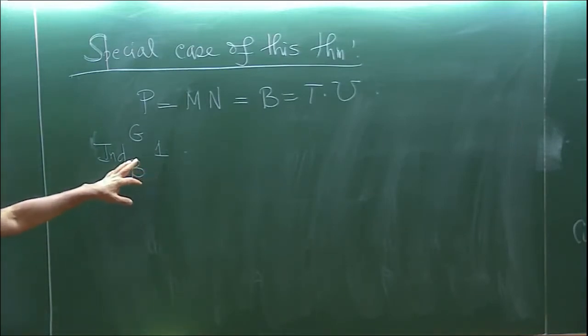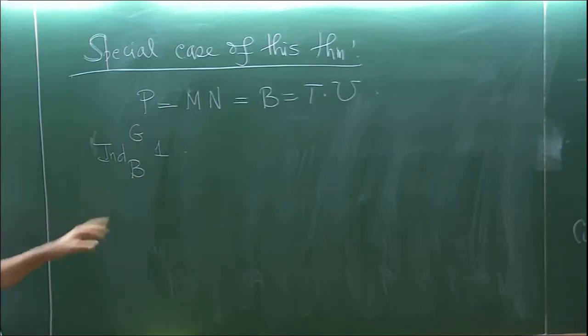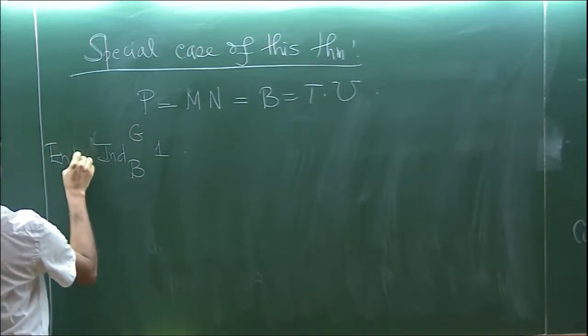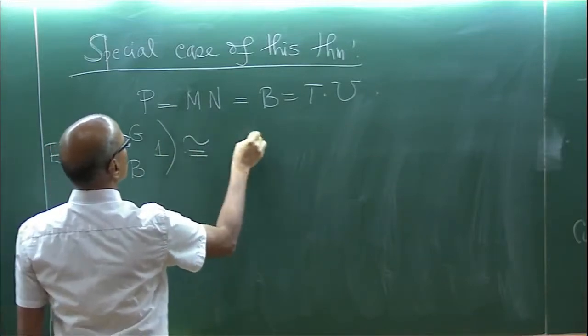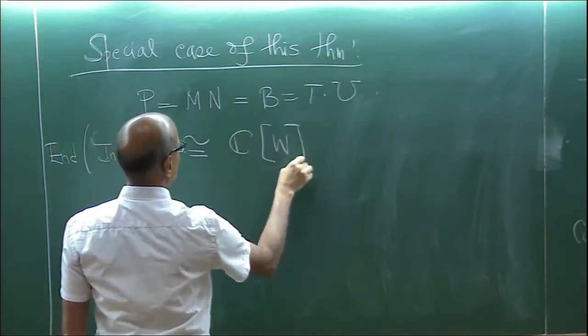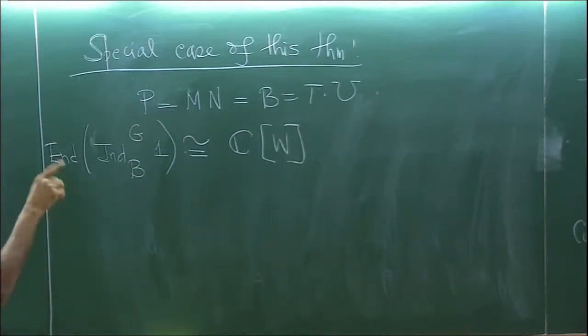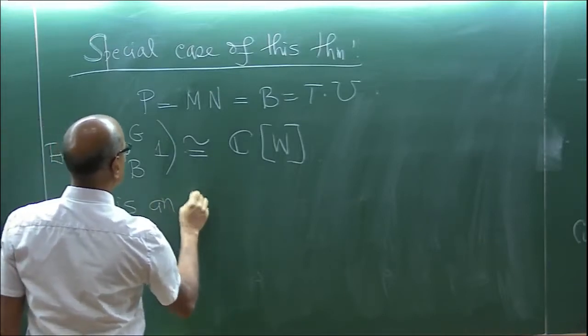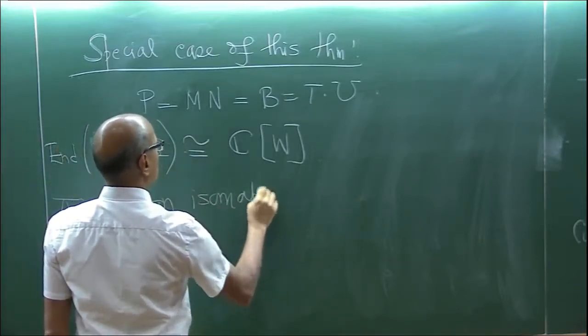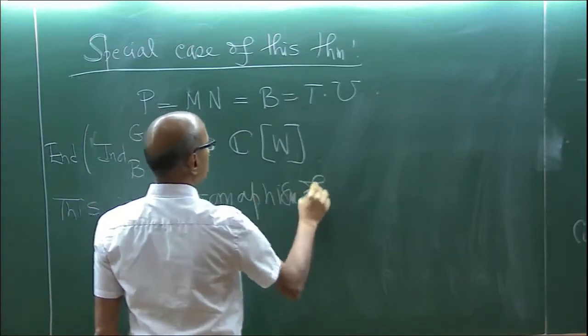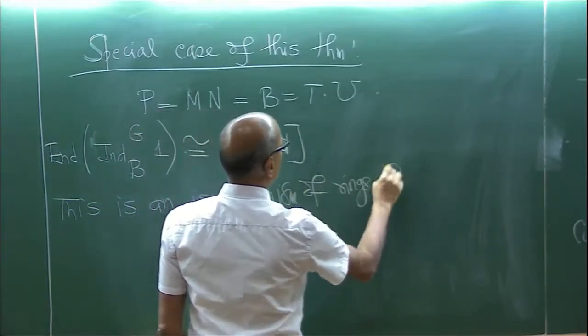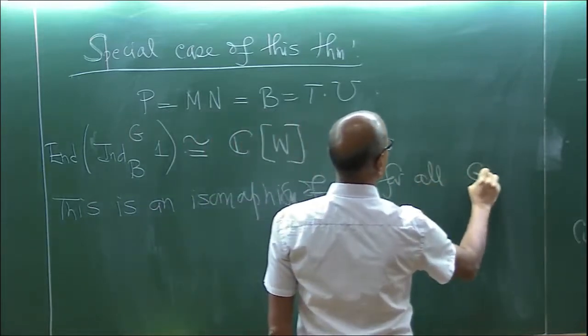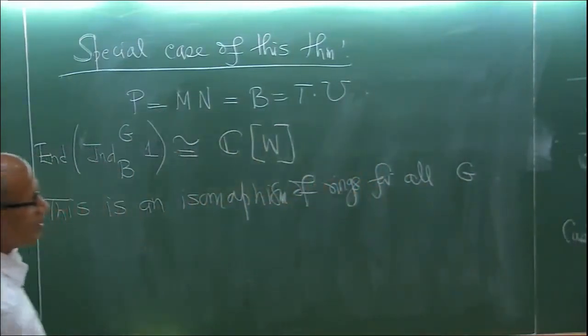So the trivial representation, of course, is stabilized by all elements in the Weyl group, and therefore its endomorphism ring is isomorphic to CW. And this is an isomorphism of rings for all G. So I was saying that the theorem about being isomorphic to CWS is not true for all groups.